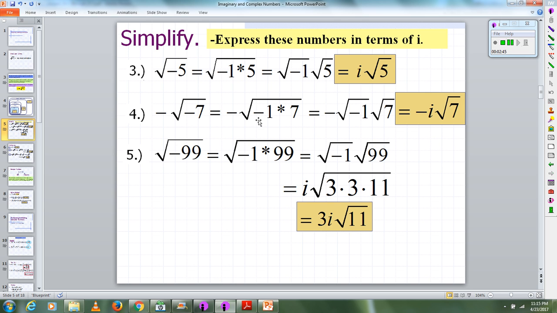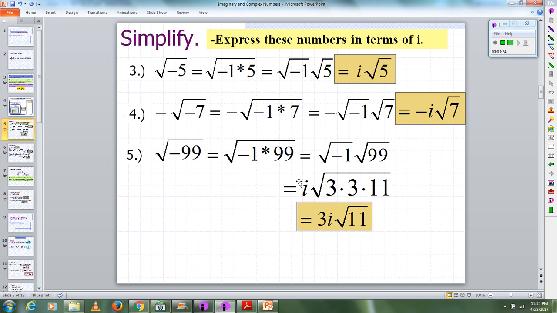Then you can write the square root of the product as the product of the square roots of each factor inside. So the negative outside stays the same, and you end up with the square root of -1 times the square root of 7. Since the square root of -1 is i, it's -i times the square root of 7.